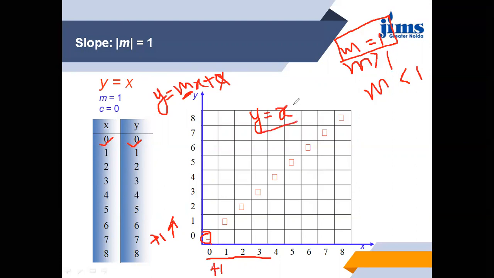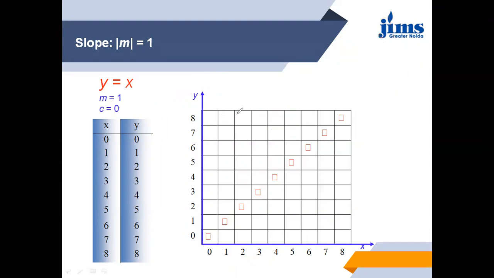The value of y depends on x, and this is exactly proportional. If we increase the value of x by 2, then the value of y also increases by 2. They are proportional to each other, so there is no problem when the slope is 1.